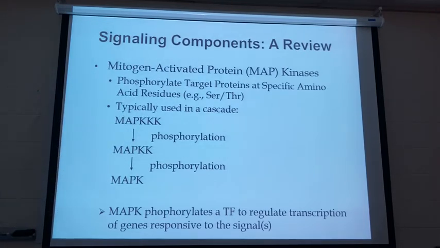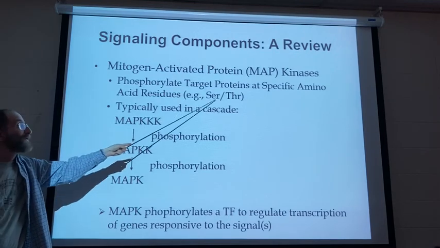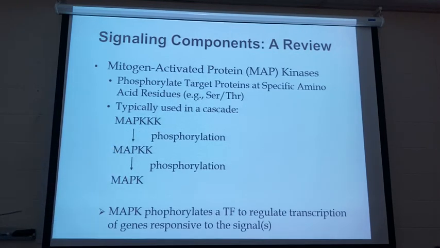And so what that means is these are signaling pathways that contain a cascade of these different kinases. And what they do is they phosphorylate specific amino acids on their target proteins. So specifically, these proteins phosphorylate serines and threonines in their target proteins.